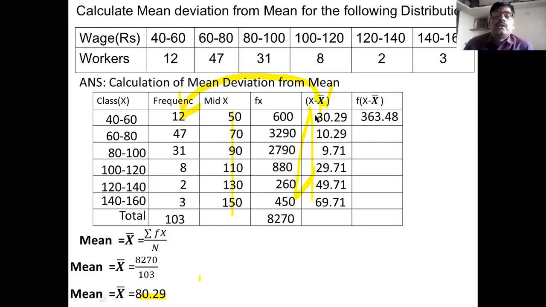That is 12 into 30.29. Next 47 into 10.29. 31 into 9.71. 8 into 29.71. 2 into 49.71. 3 into 69.71. In this way, you calculate the total. Okay, the column is completed.